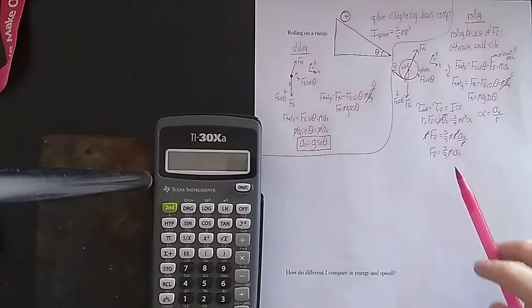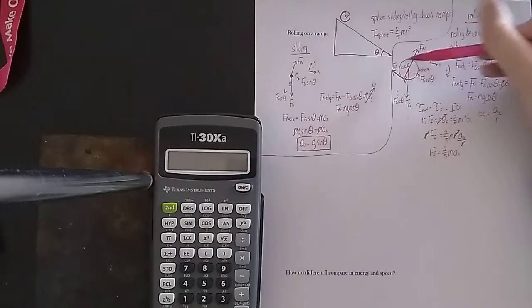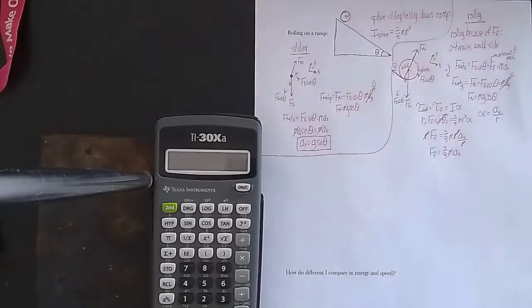In other words, that's the force of friction to allow this to roll. Let me actually take a step back. By saying allowing it to roll, we're assuming this condition right here. This condition is the prerequisite for perfect rolling. The angular acceleration is equal to the linear acceleration divided by r. So since we're assuming rolling, we have to assume this.